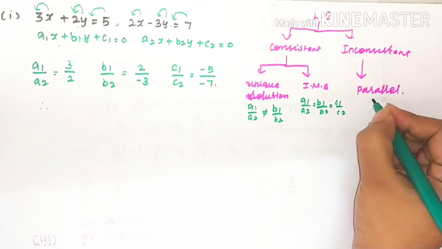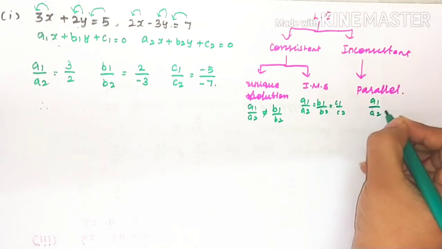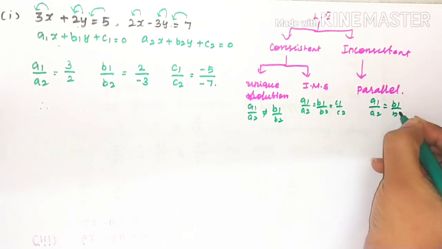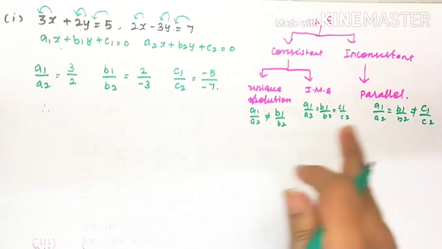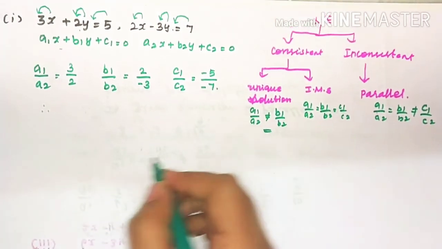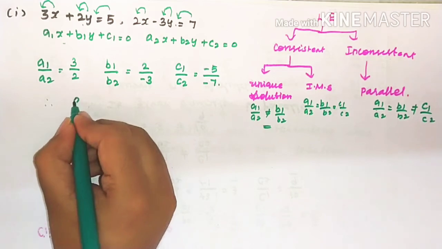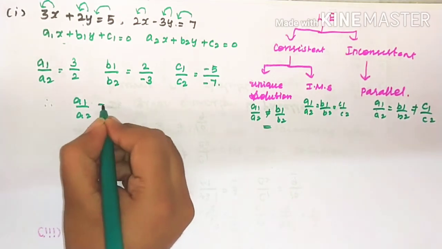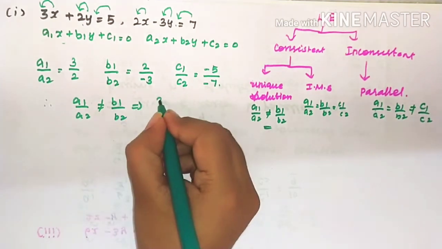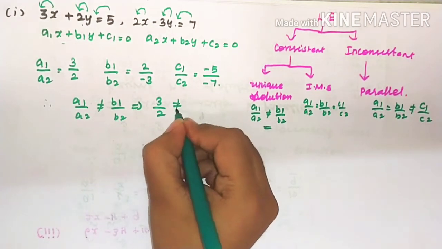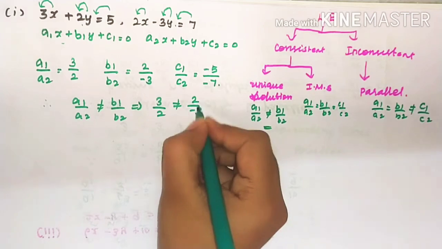Parallel lines, what is the condition? a1 by a2 equal to b1 by b2 not equal to c1 by c2. Here which one is satisfied? The first one is satisfied. So here a1 by a2 is not equal to b1 by b2, that is, 3 divided by 2 is not equal to 2 divided by minus 3.